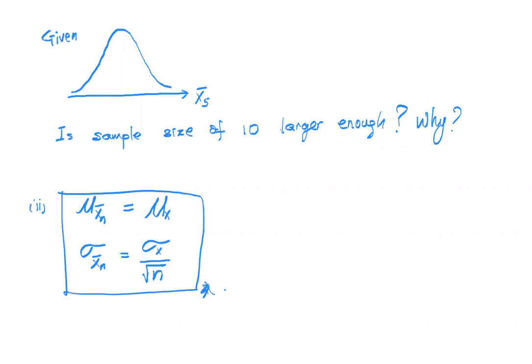Why? Because the mean of each sample should be very close to each other, because they are the representation of the population. The larger the sample size, the smaller the spread of the sample mean distribution.